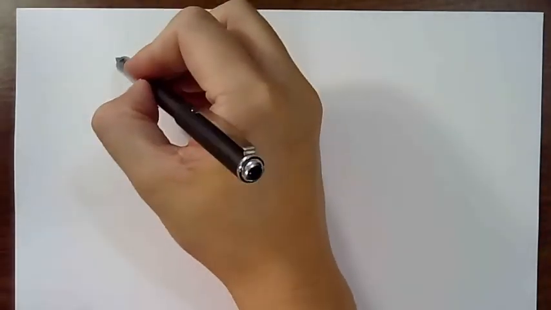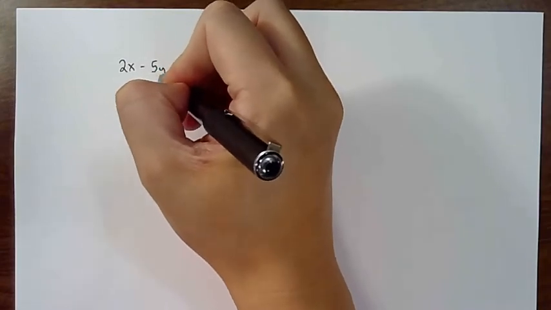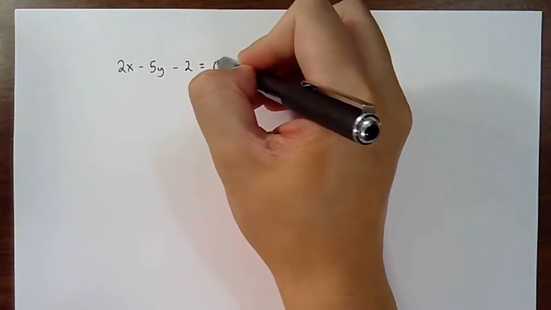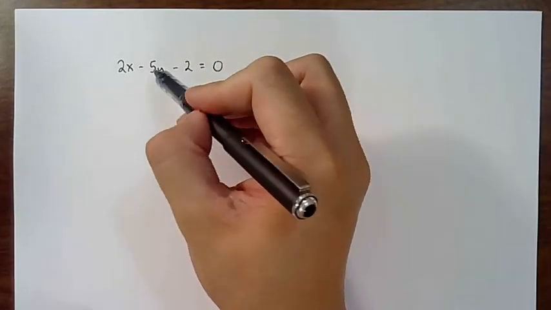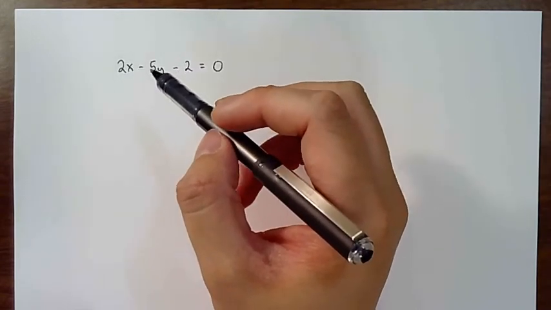All right, let's do another example. Let's start off with 2x minus 5y minus 2 equals 0. So we need to convert these x's and y's, and they're not squared up anyway, so we can't use that clever r squared term.